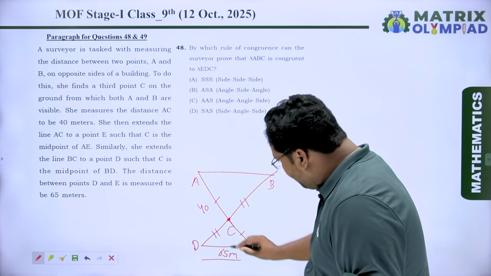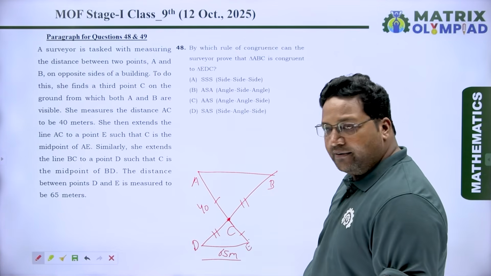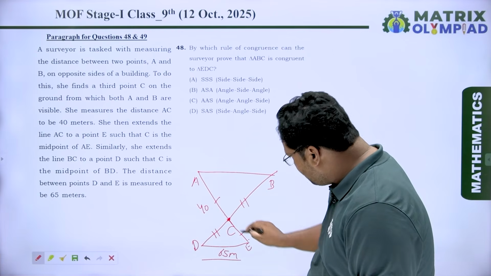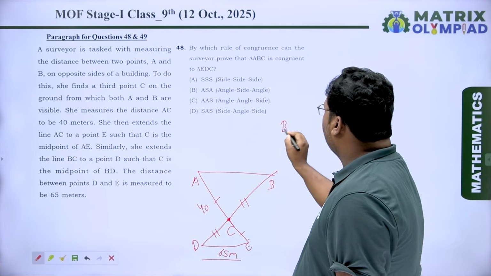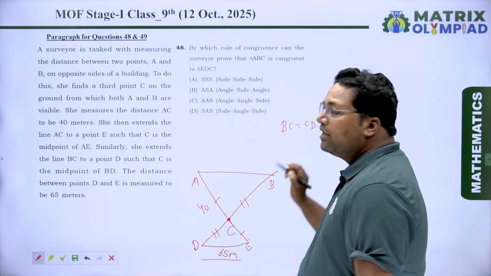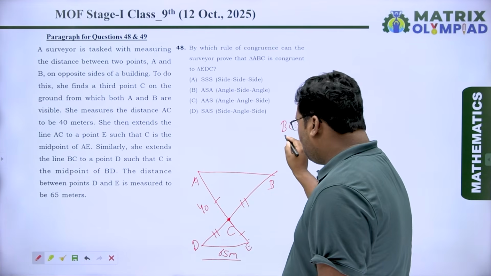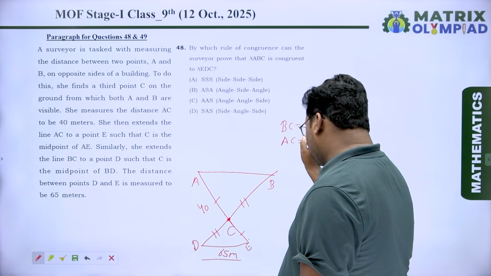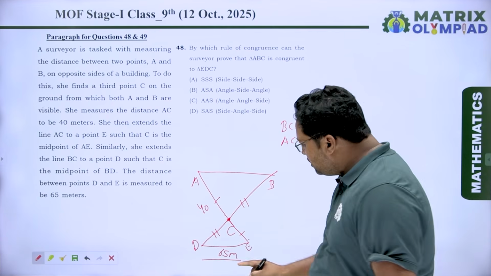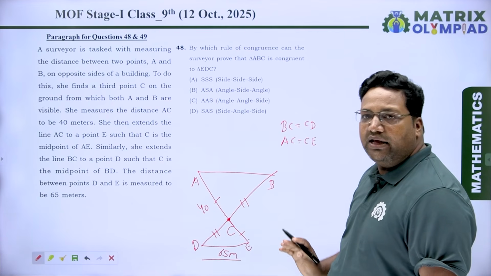Here you can see BC is equal to CD because C is the midpoint of line BD. Similarly, AC is equal to CE because C is the midpoint of AE.